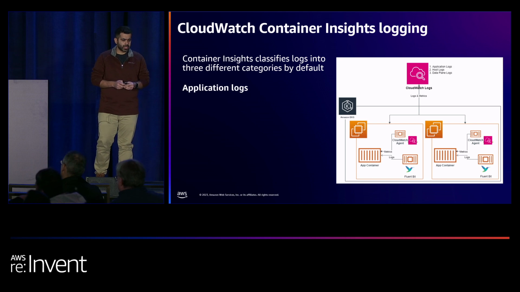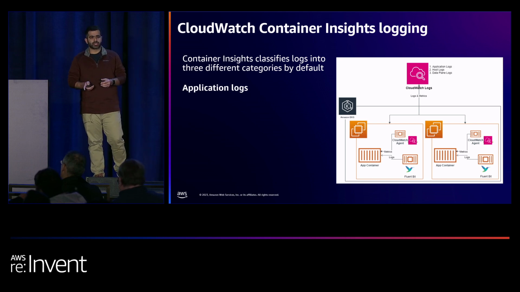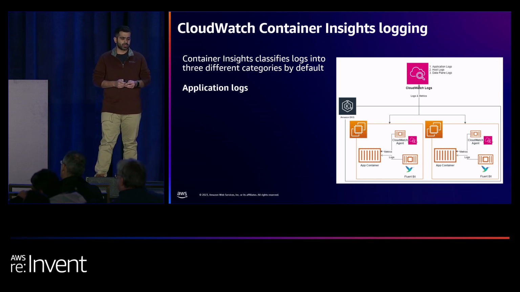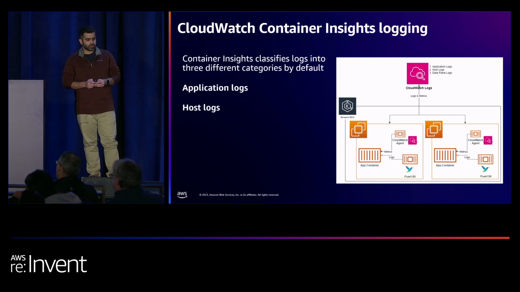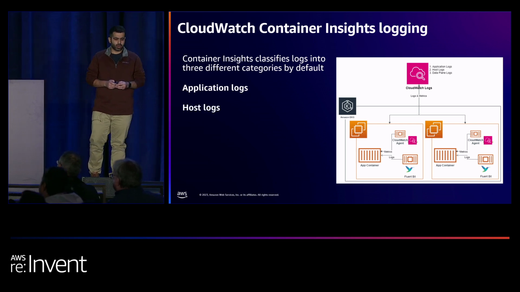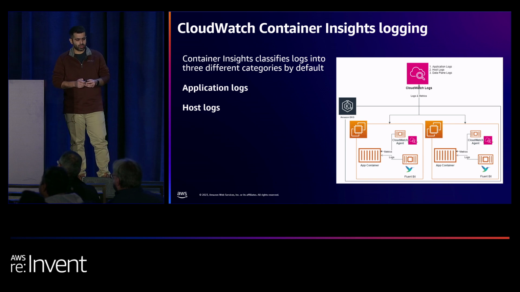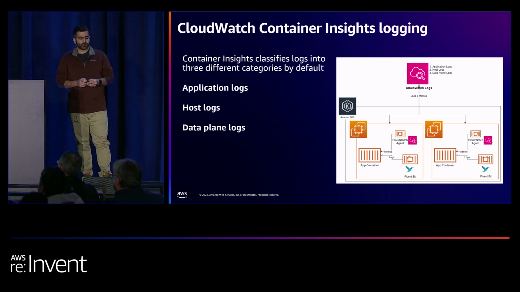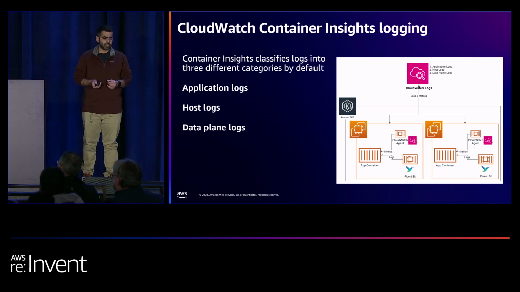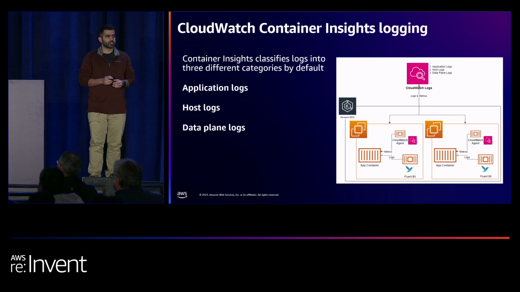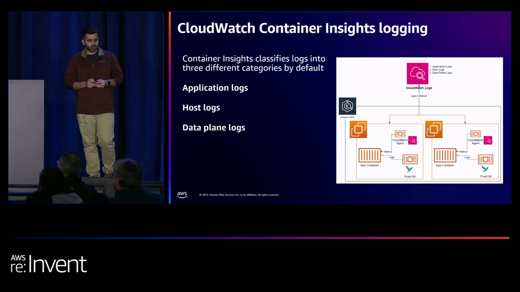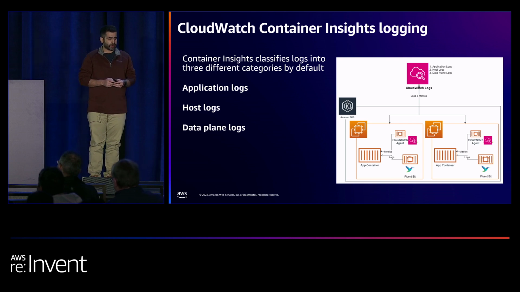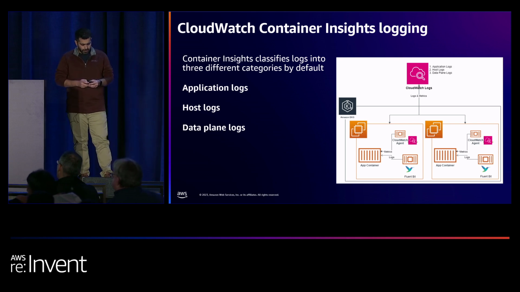Starting with your application logs, these are directly streamed into your application log groups. Next are your host logs. These are things like var log messages, which go into your host log per node. And then the last category is your data plane logs. These are for components like kube-proxy, aws-node, or the container runtime, which is running on every worker node and is responsible for maintaining running pods, and are captured as data plane logs.